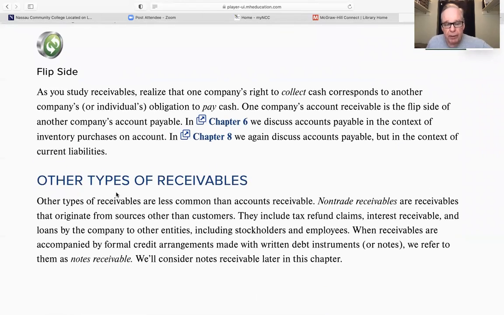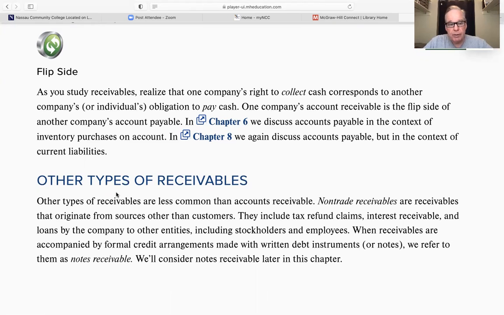Now they talk down here about other types of receivables. Anytime anybody owes you money, it's a receivable. If it was a customer in the context of you providing services or selling merchandise, those are what are called accounts receivable. Sometimes for unusual transactions, we can use notes receivable instead of accounts receivable. But if the notes receivable came about because of a revenue transaction, those are called trade receivables.